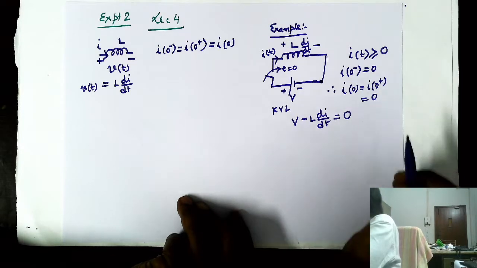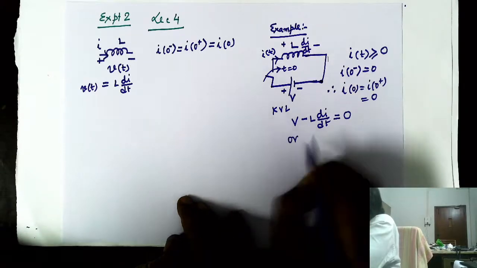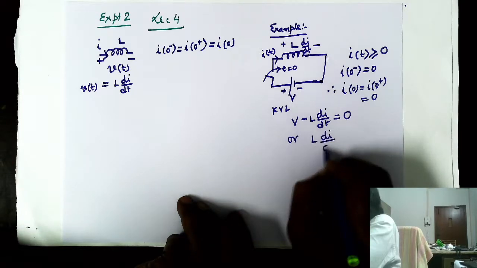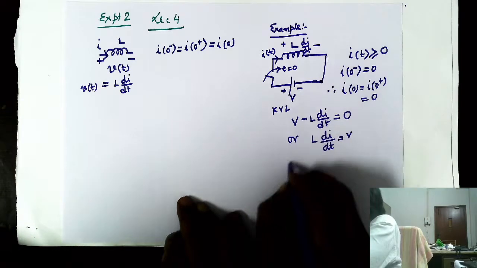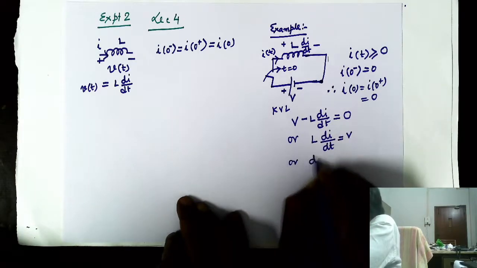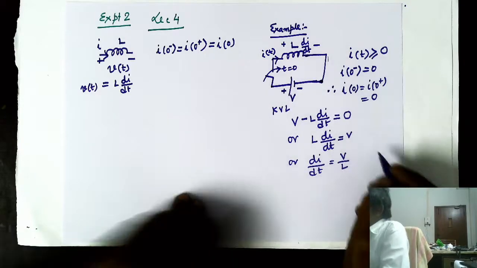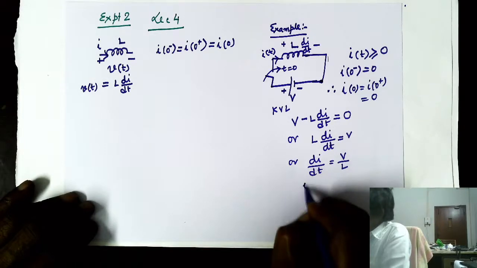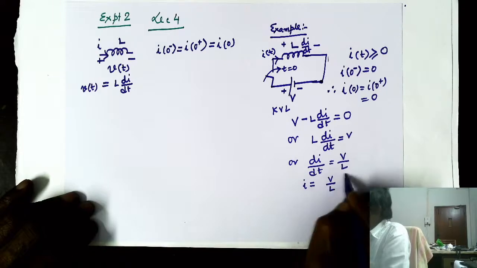Or I will say that I have to solve for i, so I will write di/dt is equal to V by L, and it is to be integrated.